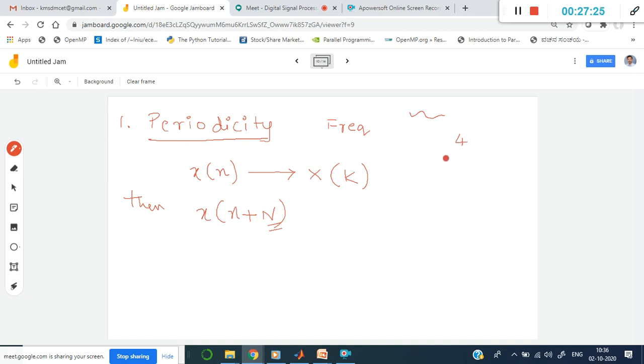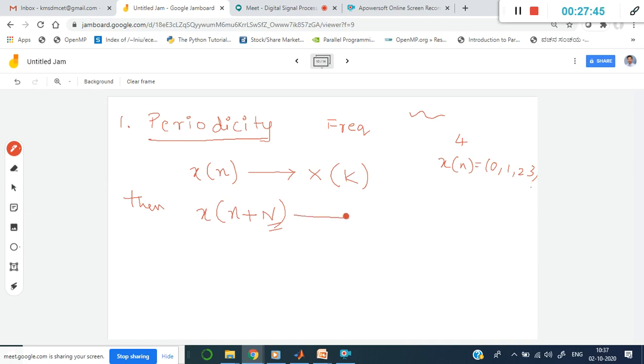That means if a signal x of n is 0, 1, 2, 3, then after x of 3 the sequence repeats. That's the meaning here.